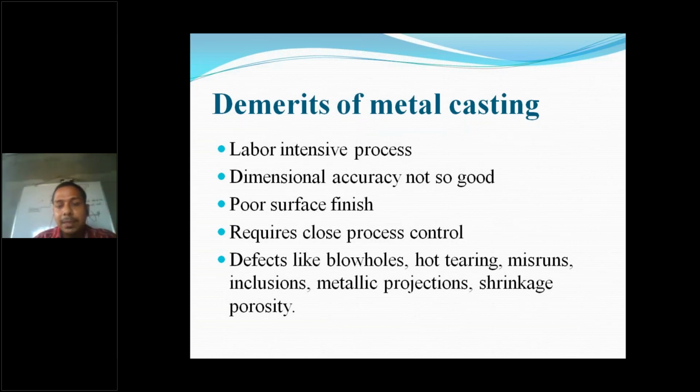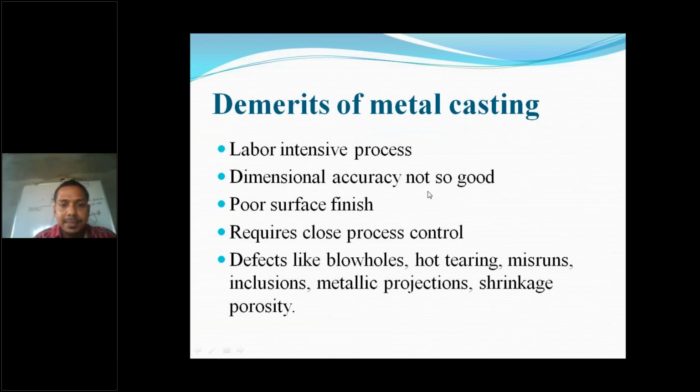If the moisture, that means water percentage, is high, then a huge amount of vapor develops, and some of this vapor can escape and some will be entrapped in the cavity. So also this will make a defective product. Like that, for each and every stage it is required to properly control the processes. So this is another disadvantage, you can say.